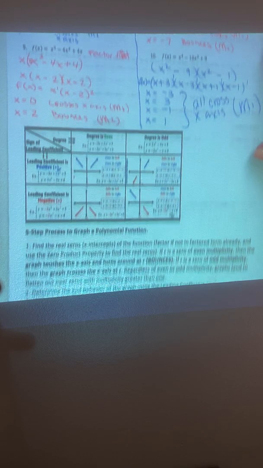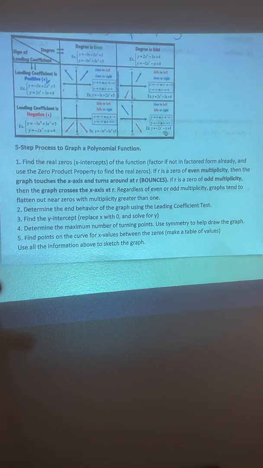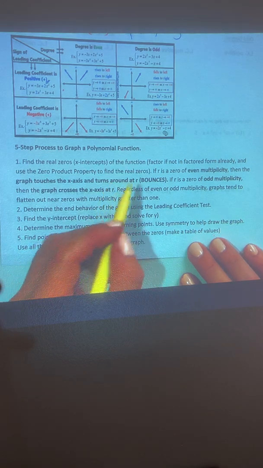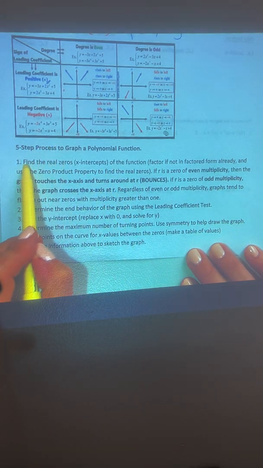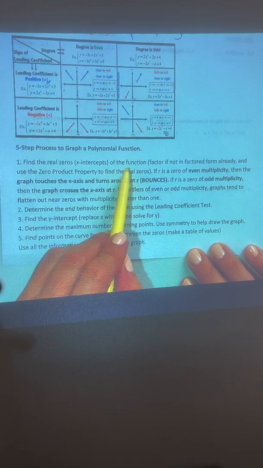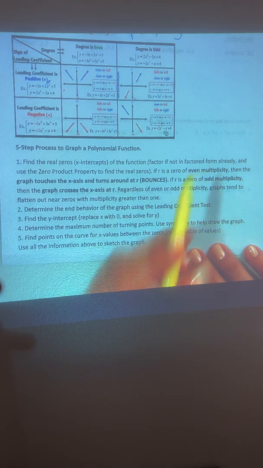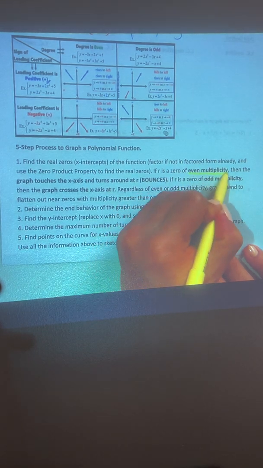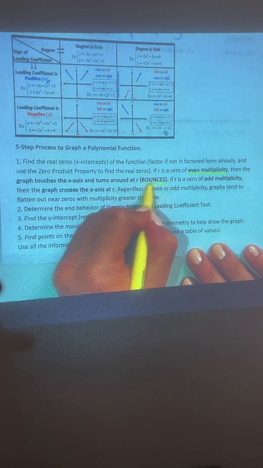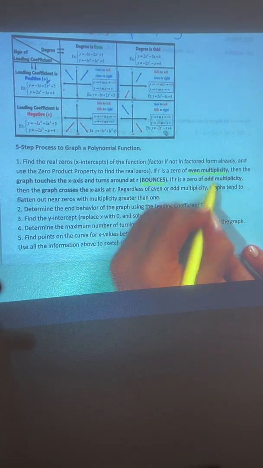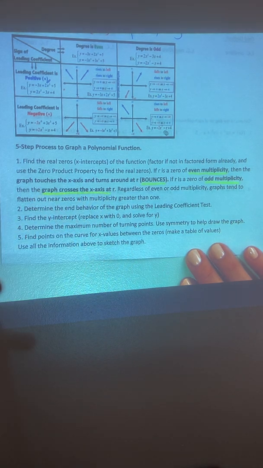Also, to help remind you, this is very important as we move on to graphing: to find the real zeros of the function, we use the zero product property, which is what we did to find the zeros. If it's even, then the graph touches the x-axis, meaning it bounces. If it's odd, it crosses.